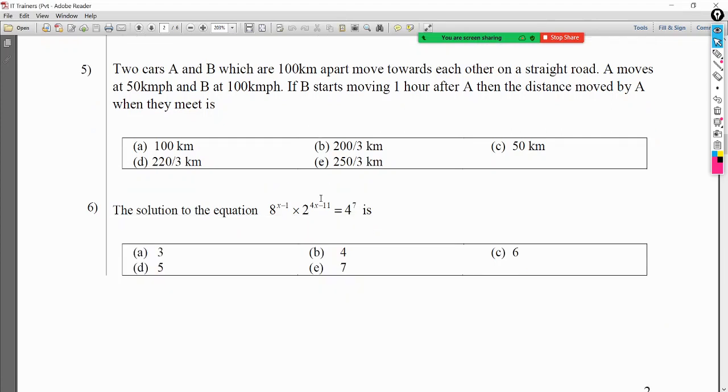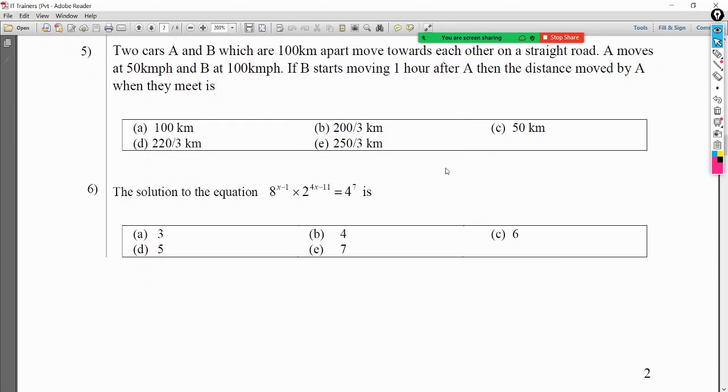6. The solution to the equation 8 to the power x minus 1 into 2 to the power 4x minus 11 is 4 to the power 7. Now when you get this kind of question, your strategy must be, so that is why we are doing these questions, right? You must have some experience. So what you can do is get it into a common base.